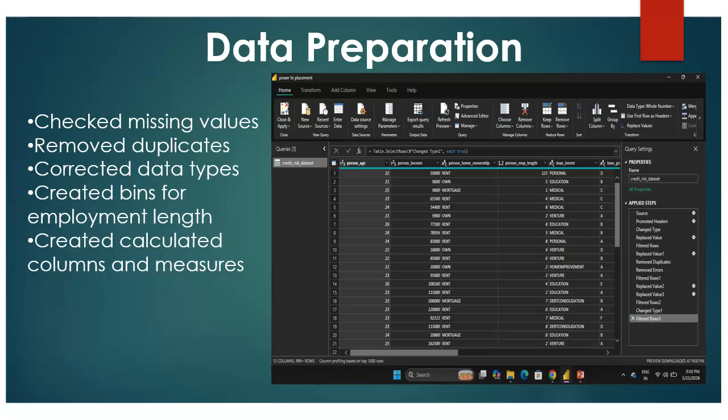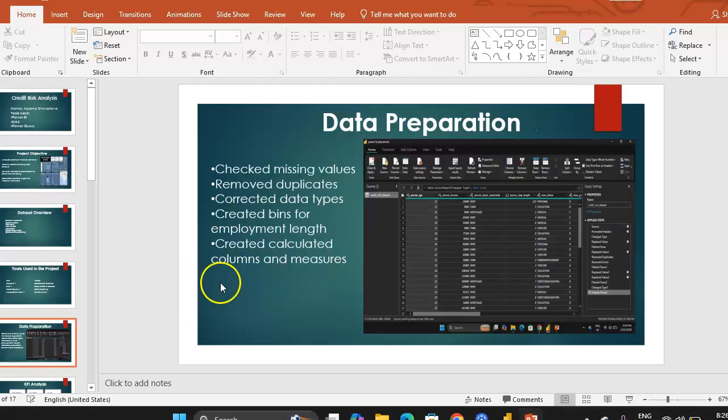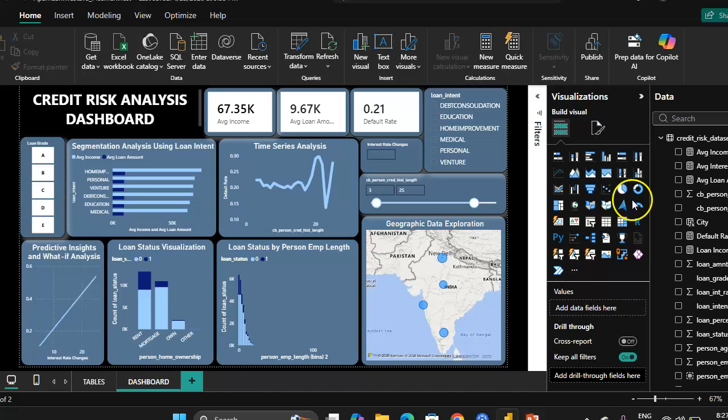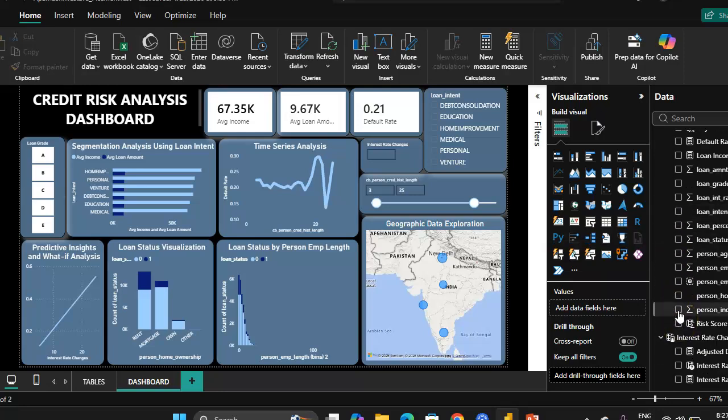I also created calculated columns and DAX measures for advanced analysis, like average income, average interest rate, average loan amount, city default rate, loan income, risk score, adjusted default rate, interest rate change values. Data pre-processing is a very important step because incorrect and inconsistent data can lead to inaccurate insight.